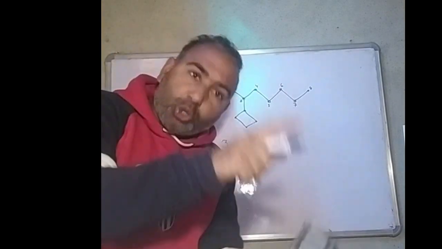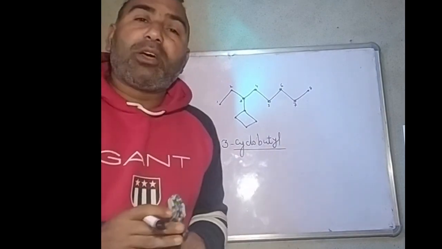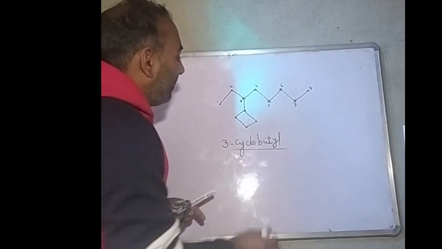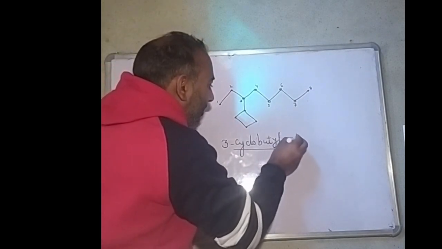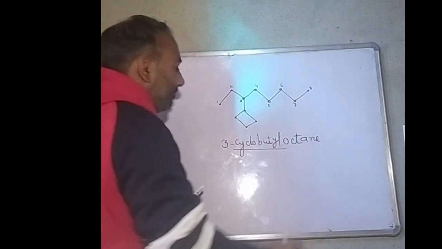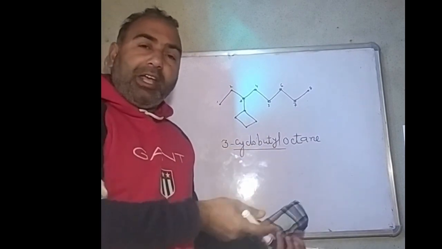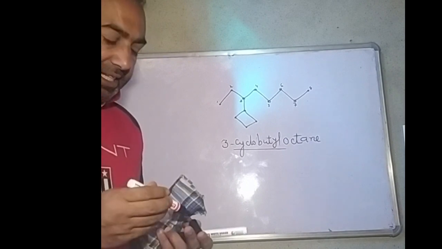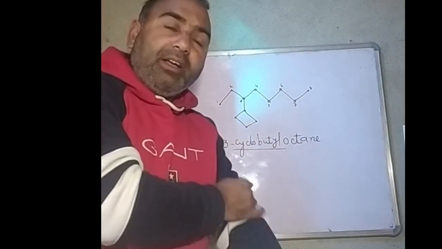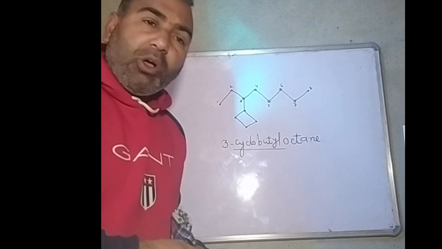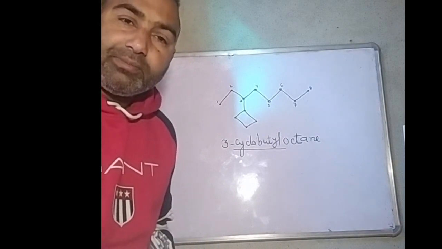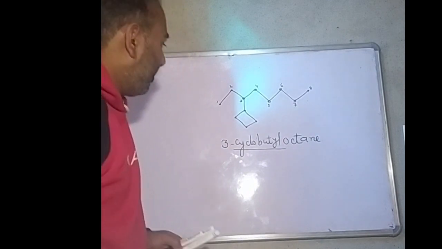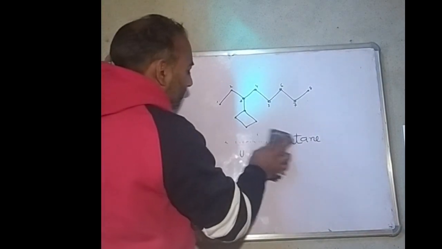But it is substituent this time. It will become cyclobutyl. Cyclobutyl at carbon number 3. Then octane. This is how we can write the nomenclature of alkane, in which the ring has less number of carbons and the acyclic chain has more number of carbons. I hope it is clear, beta. Good.